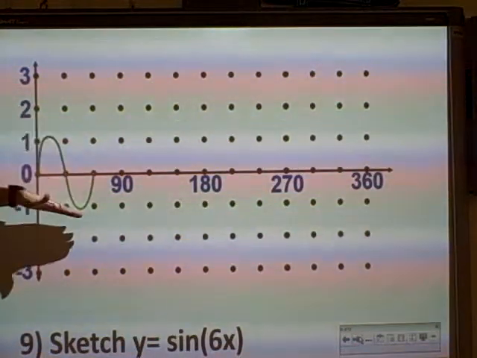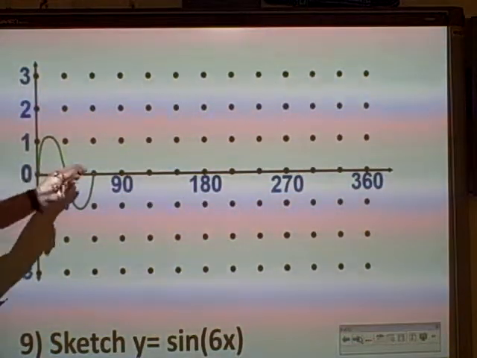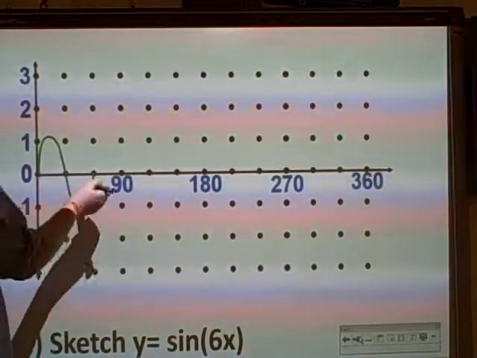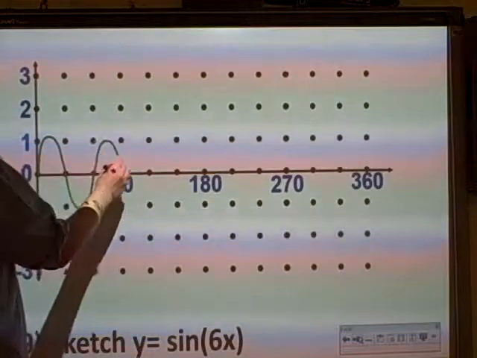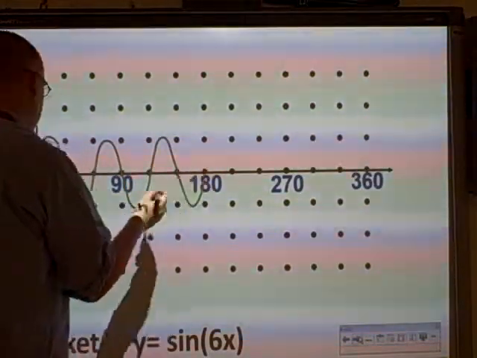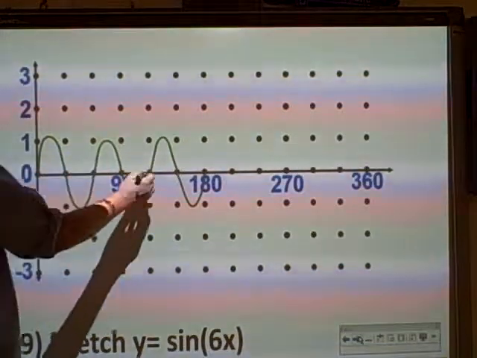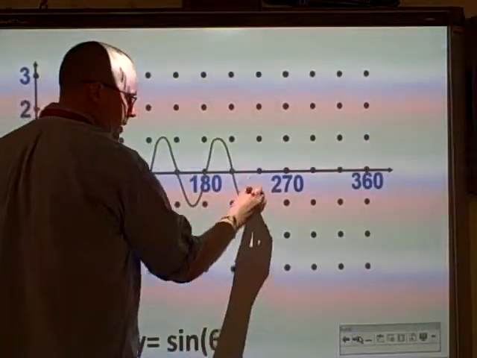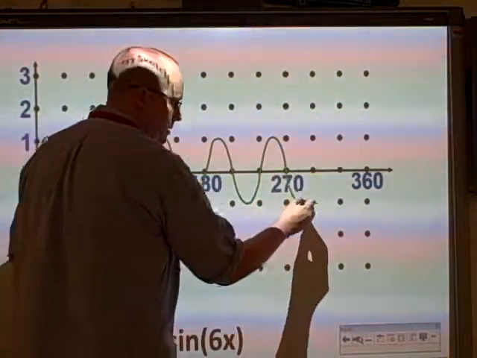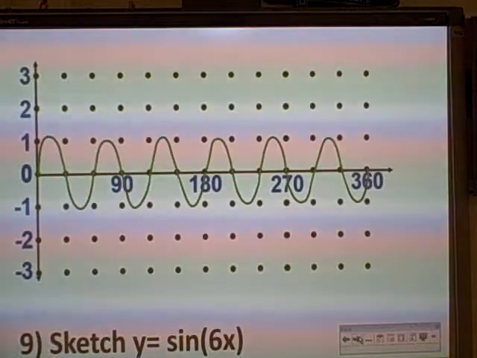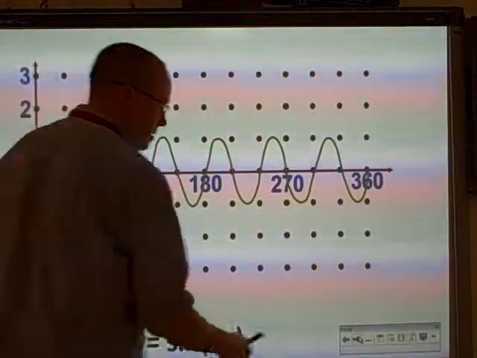So it goes up to 1, down to -1, and as it repeats after 60 degrees, by the time I do this 6 times, that means that I should get to the end of the graph. So already at 180, I've got 3 of these graphs in, and I should be able to finish off the rest of this now. And that would be sine 6x.